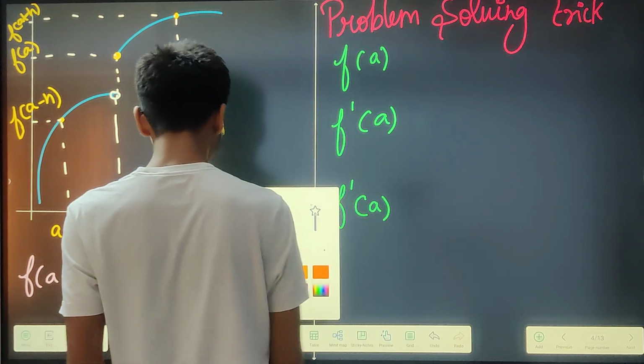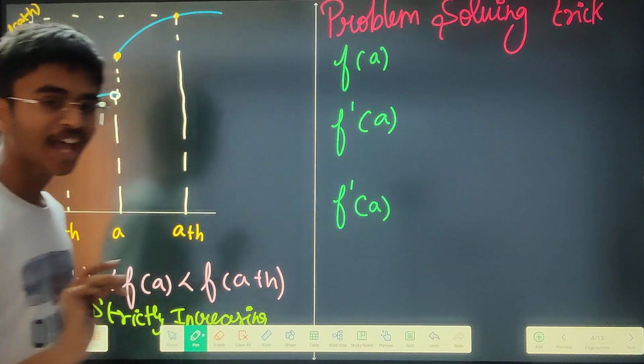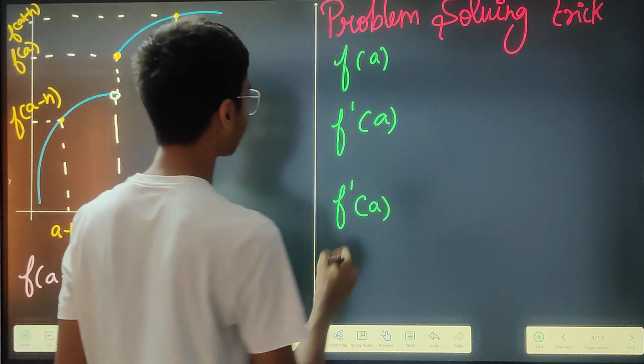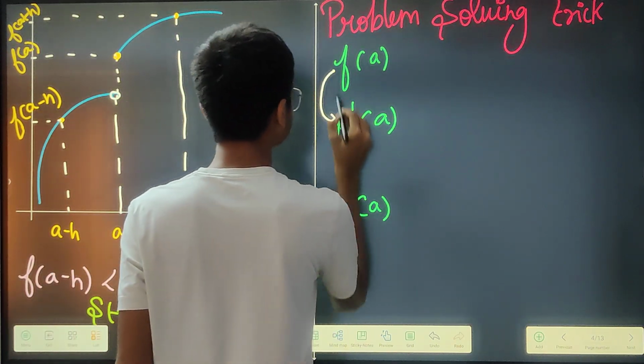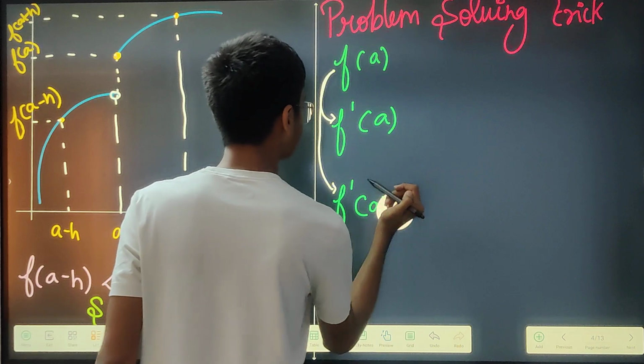When you differentiate it, you can have two different possibilities. What can they be? It either can be positive or it can be negative, isn't it?